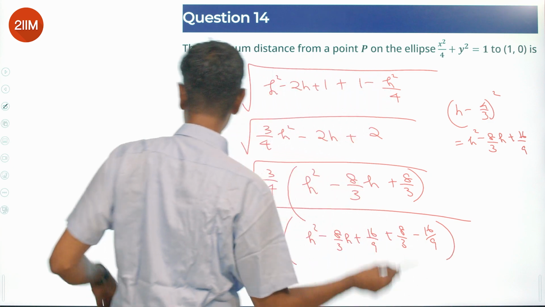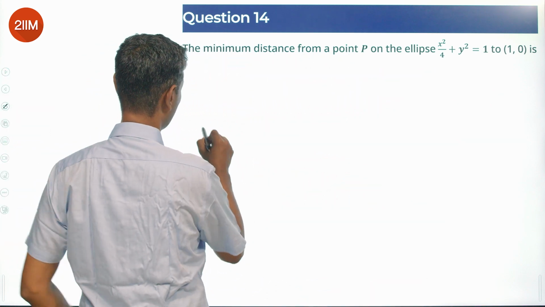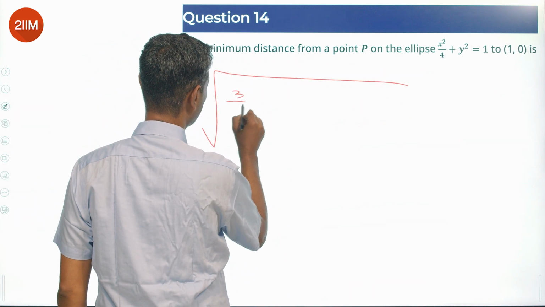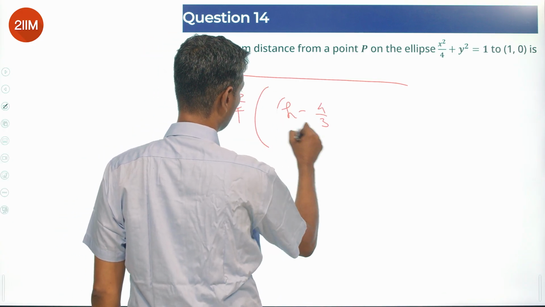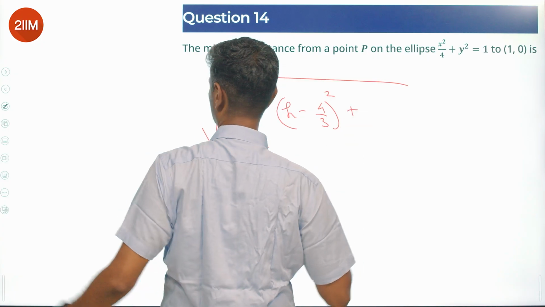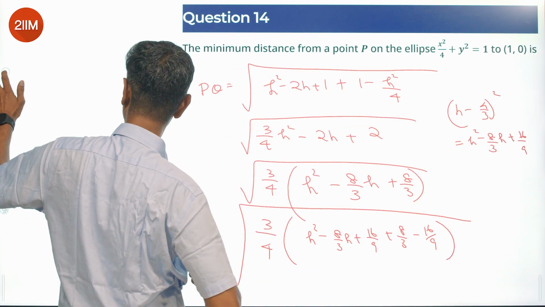So now I'm going to write this as square root of 3 by 4 times h minus 4 by 3 the whole square plus 8 by 9.